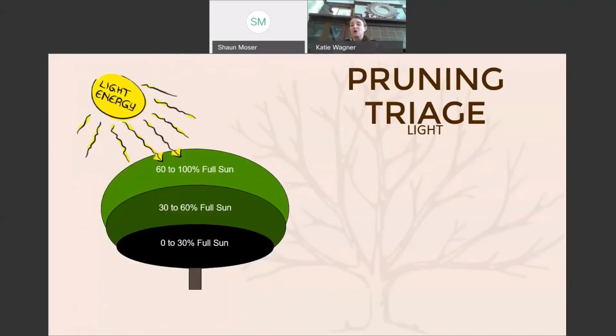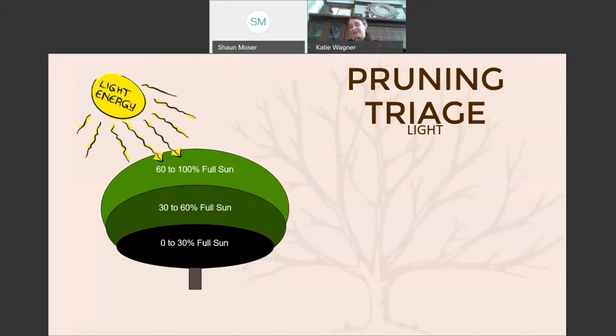Okay, now we're thinking about our pruning decisions as they relate to light exposure. So remember, on the top of the canopy, we're getting 60 to 100% full sun. The middle portion, we're getting 30 to 60% full sun. 30 is what we need for fruit production. And the lower portion, for these unpruned trees, we're getting 0 to 30% sun.